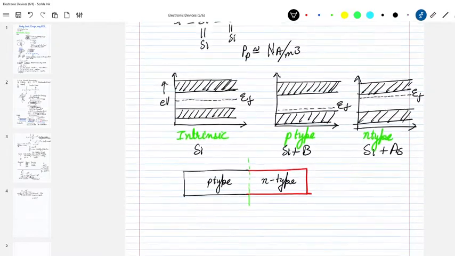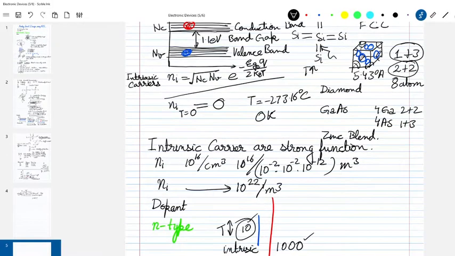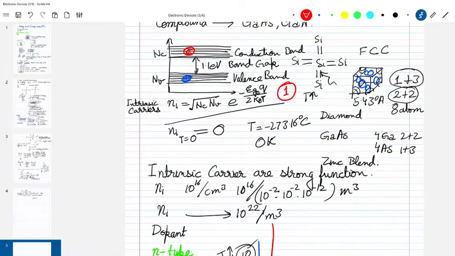So I have come through only one equation here, which you should remember. So this equation is equation number 1. This is the relationship between intrinsic carriers as a function of temperature and Nc and Nv. Now if you want to understand the dependence, it goes like this. If for example there are Nc and Nv states to be occupied, then the intrinsic carrier density has to depend on the empty states, right?